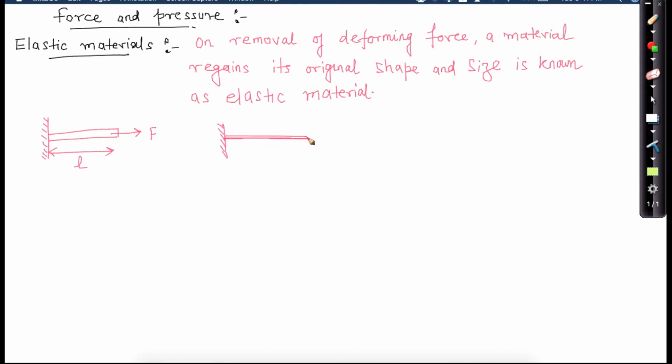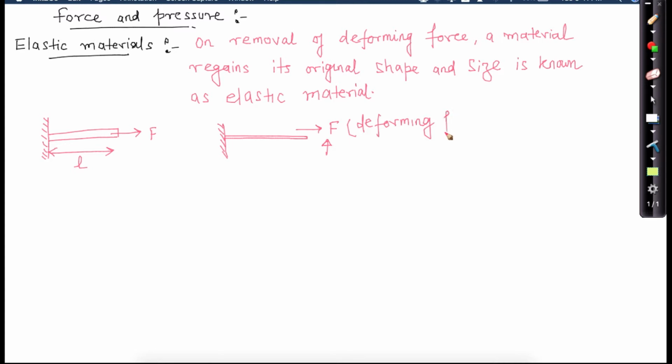Its diameter will decrease and length will increase on applying the force F. This force is known as a deforming force because this force is basically responsible for changing the structure of a body. So it's a deforming force.